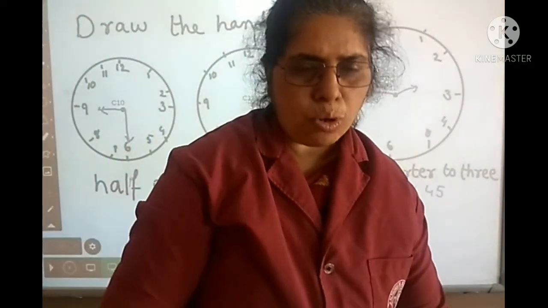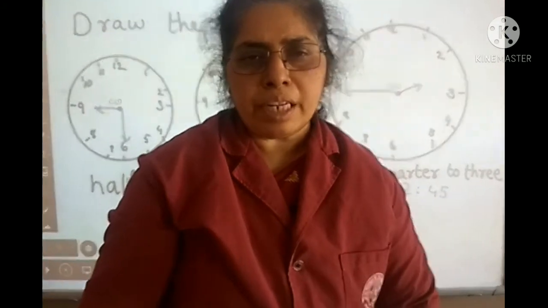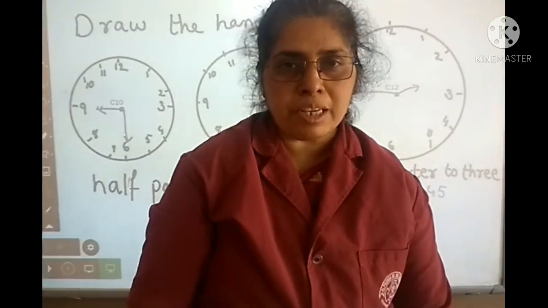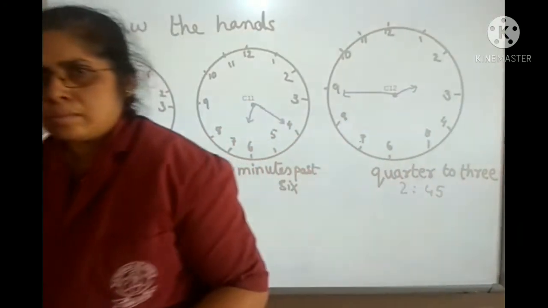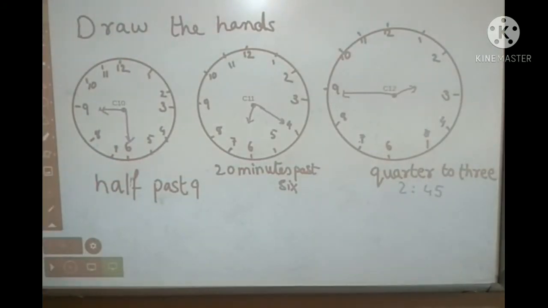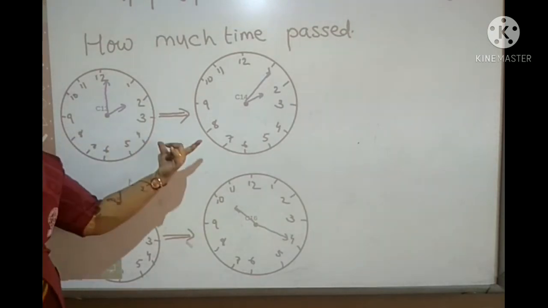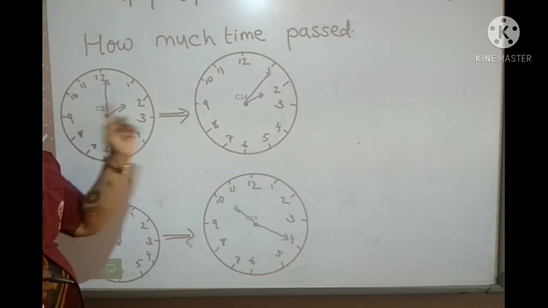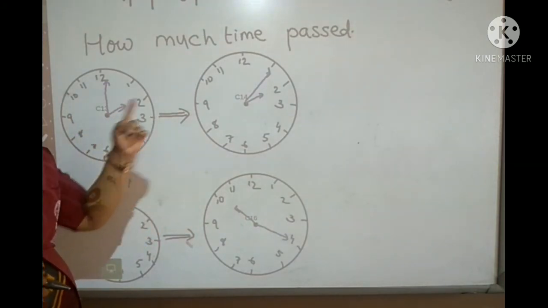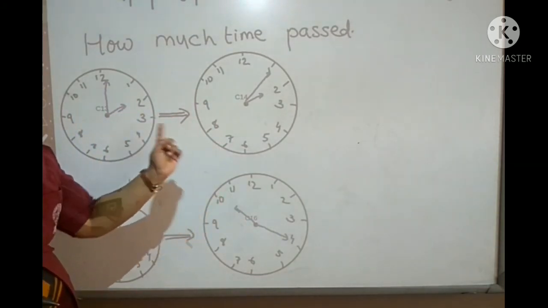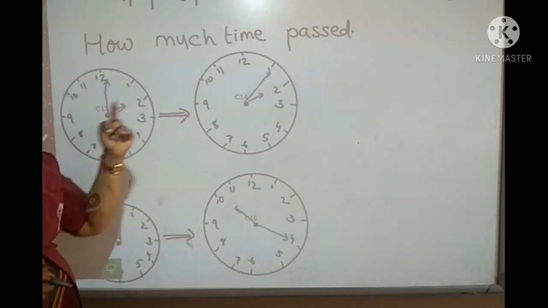Now we will pass to the next problem. How much time has passed? In this question, there are two clocks given. You have to see both clocks and write how much time has passed from the first clock to the second clock.